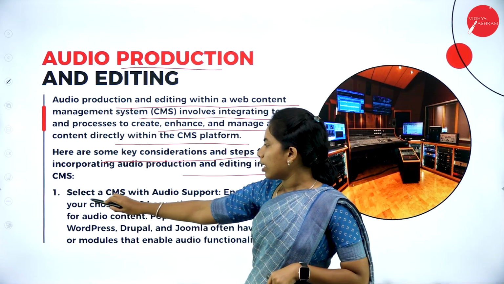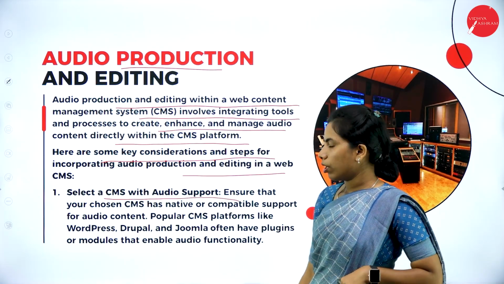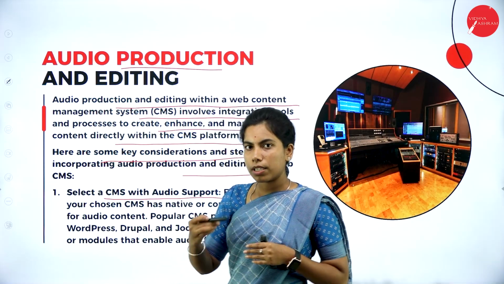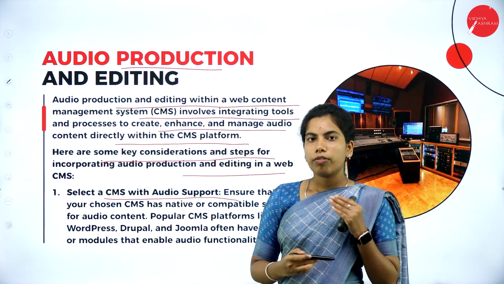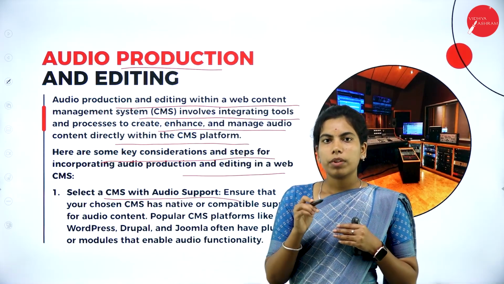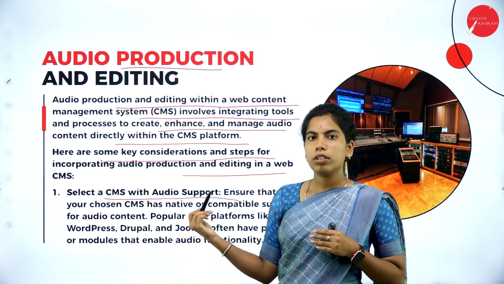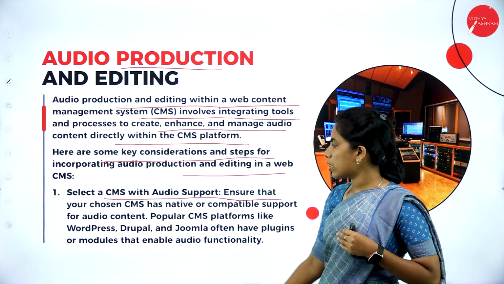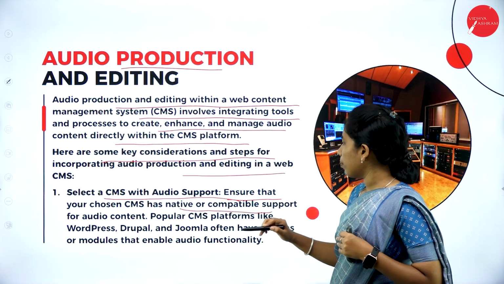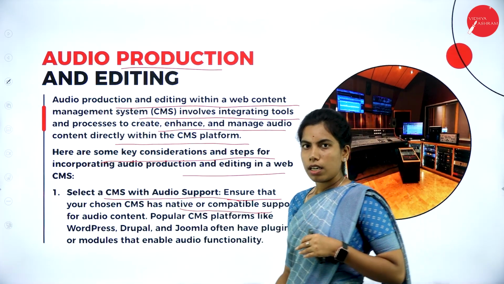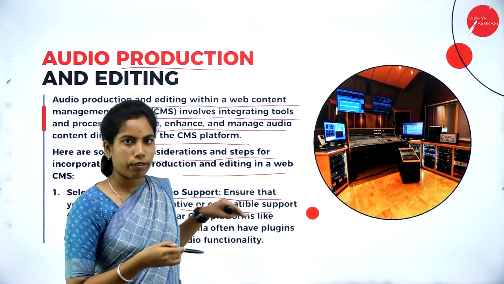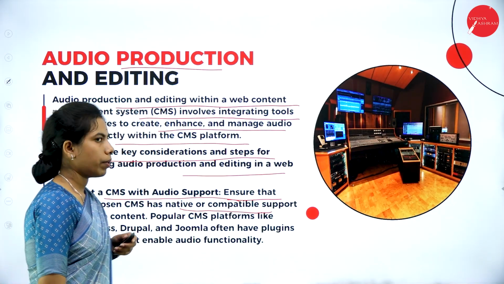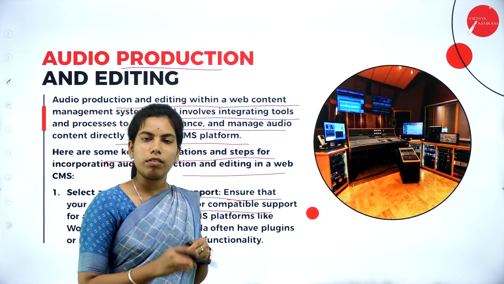First, select a CMS with audio support. That means we have to check first whether audio is supported by the CMS or not. If the website accepts audio or not, we have to check it first. Ensure that your chosen CMS has native or compatible support for audio content. Whether that audio is compatible with that website or not, we have to check first. That is the first step.